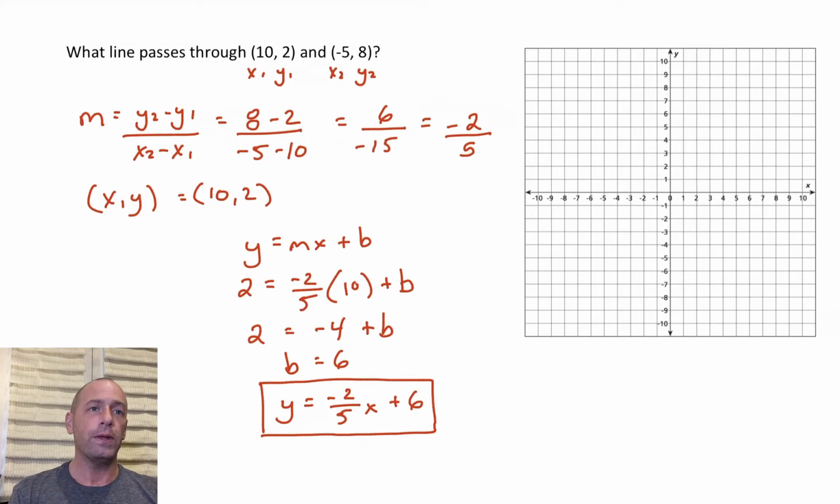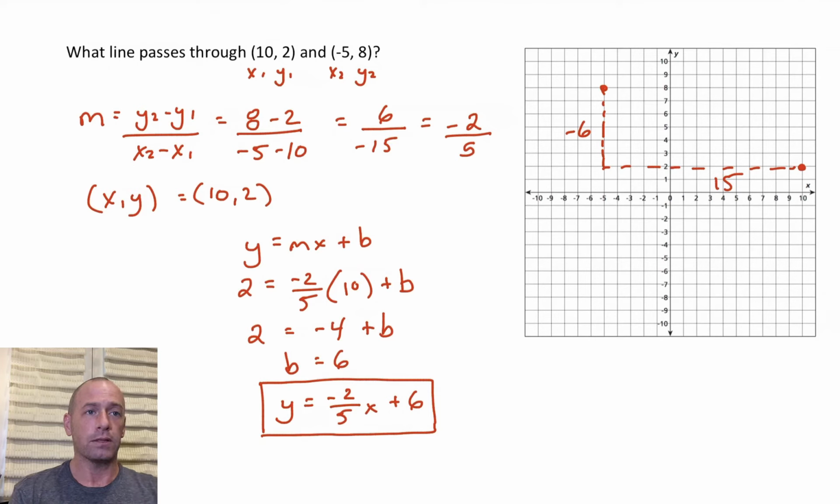Now, if I plot these 2 points, I should get the same answer. So let's try it. 10, 2 would be over here on the right. Negative 5, 8 would be up there in the second quadrant. If I were to then calculate the slope, I would get that negative 6/15, which simplifies down to negative 2/5.